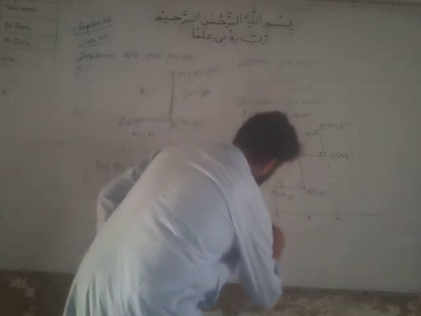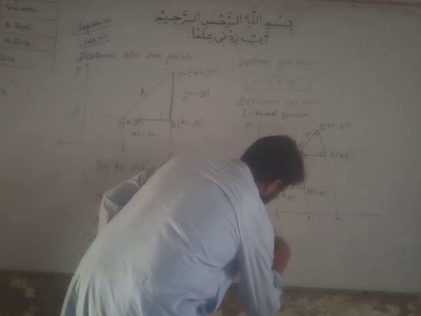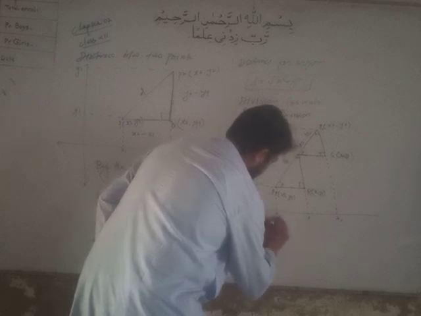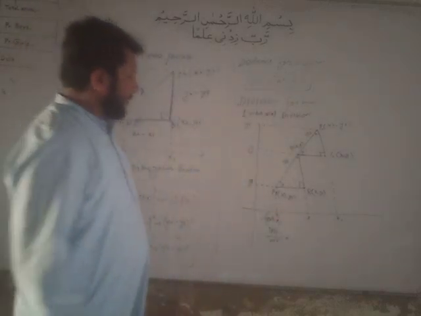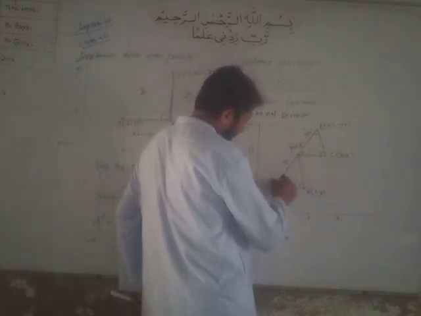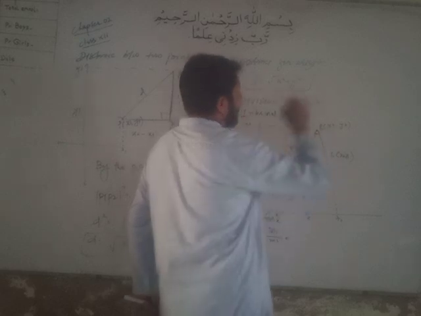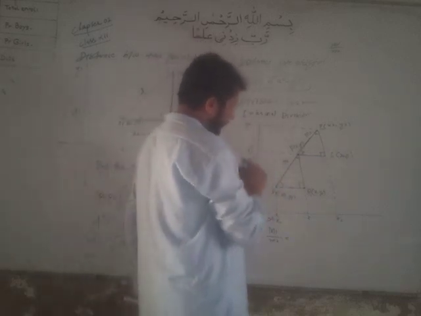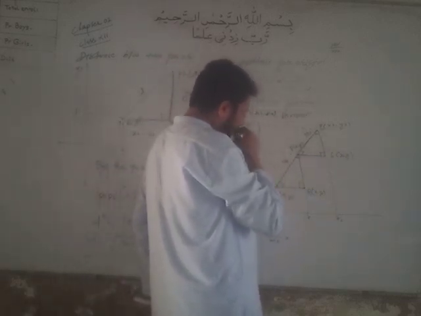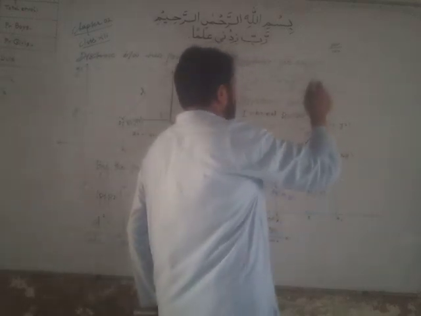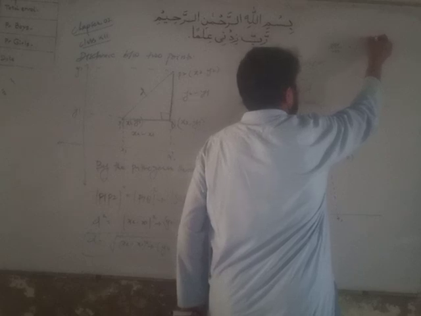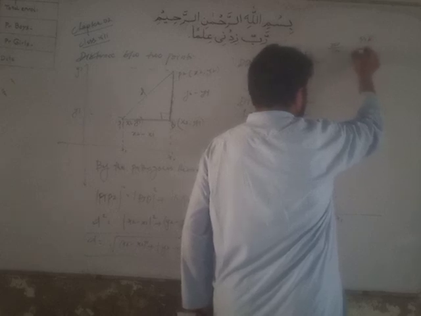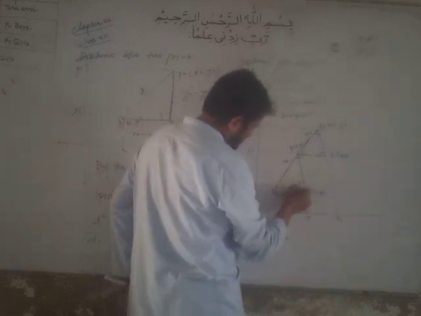So we can say the ratio m1 divided by m2, for x, this is m1 and this is m2. So m1 divided by m2 is equal to P1R divided by PS. So what will be the distance here?